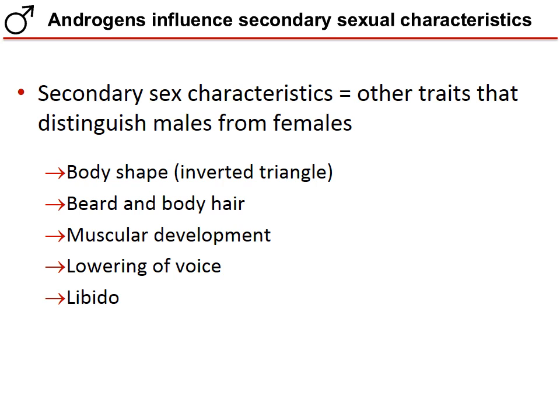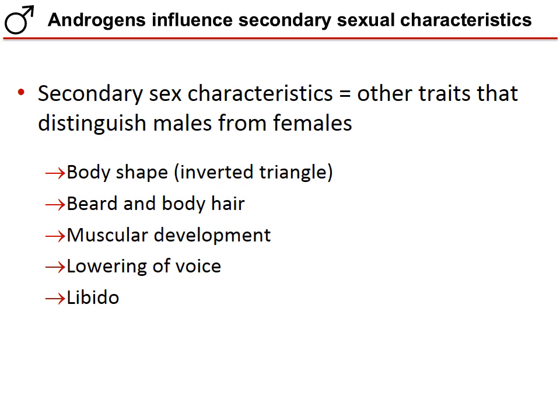So we've focused on the role of androgens and how essential they are for the primary sex characteristics. In other words, they're important for the development and differentiation of the internal and external genitalia.